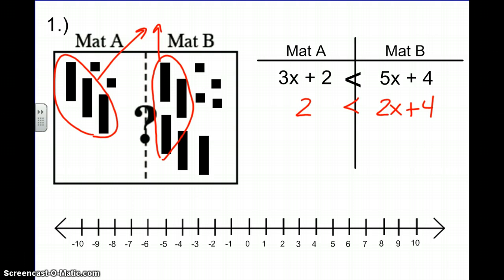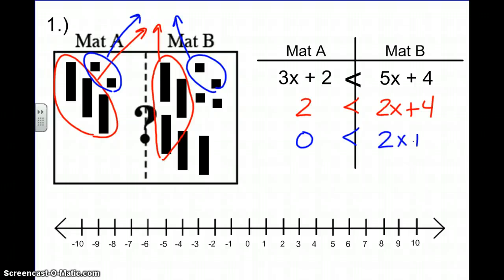Another legal move that you can make is removing 2 positive units from each side. That leaves you with 0 on mat A, less than 2 x's plus 2 positive units on mat B. What would be nice is if we can get x by itself on mat A, those 2 x's.